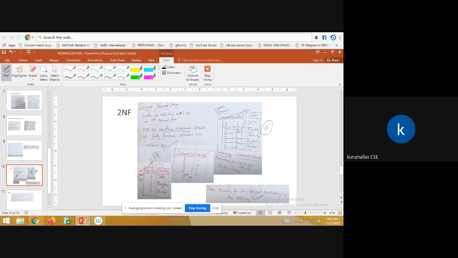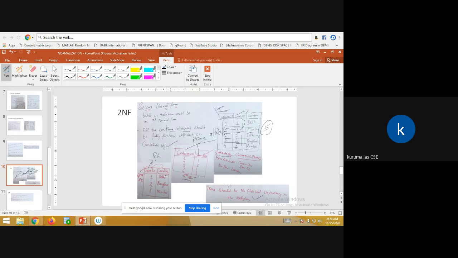According to second normal form, all non-prime attributes should be fully functionally dependent on the candidate key, and there should not be any partial functional dependencies. One more rule: if the table consists of attributes that are both prime attributes, it is in second normal form.